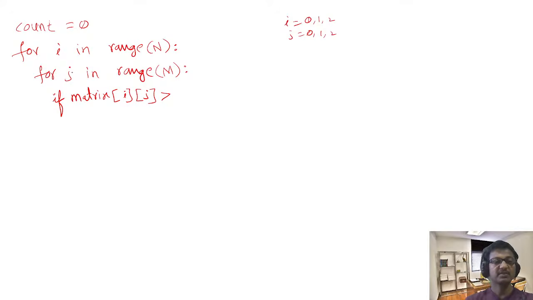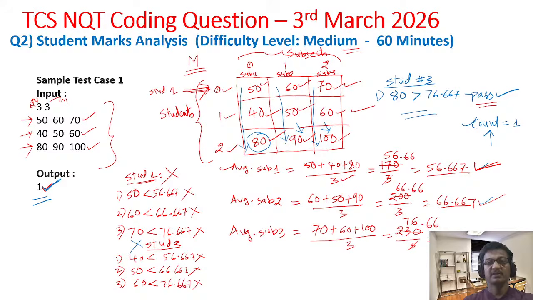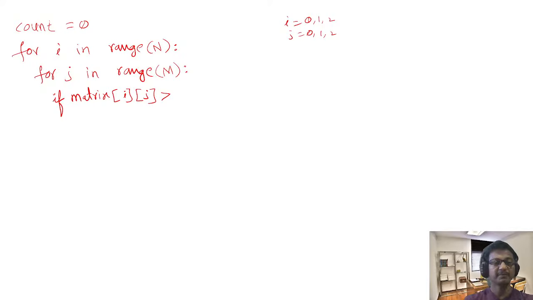We can access it by using j here, because j is incrementing. You should process it like this: 50 is subject 1, then subject 2, subject 3, so you should access these 56, 66, 76. So j value is incrementing first, since the inner loop will execute first, we can use j here.